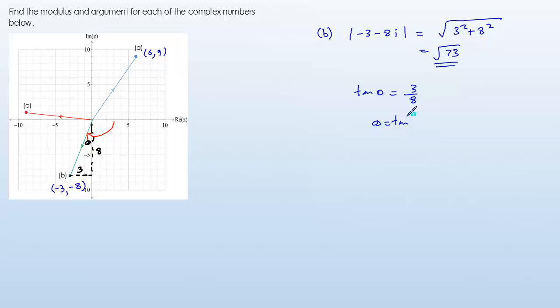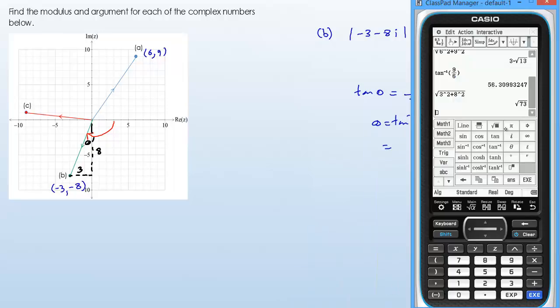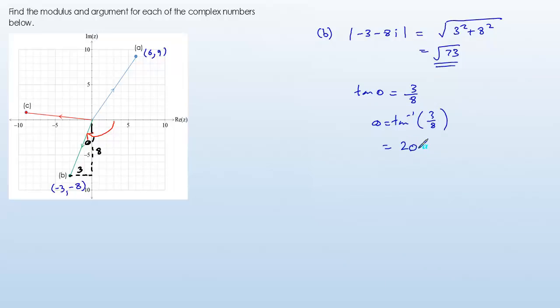Theta is the inverse tangent of 3 over 8. Bringing the calculator back in, we want the inverse tangent of 3 over 8. That gives me 20.6 degrees, one decimal place.